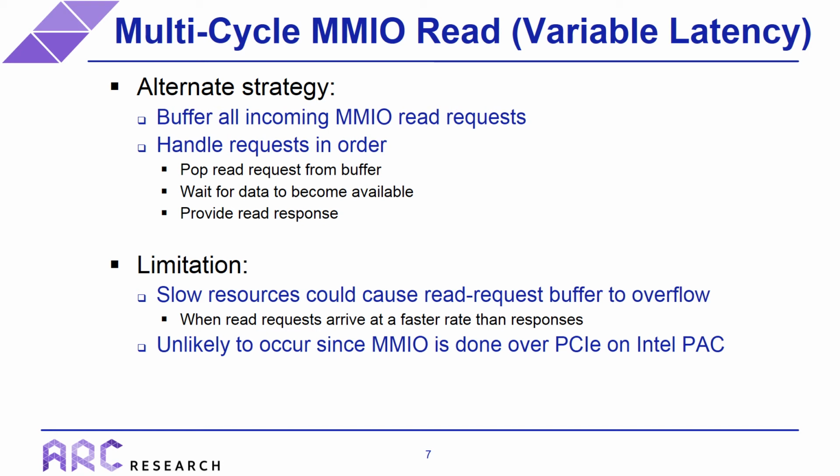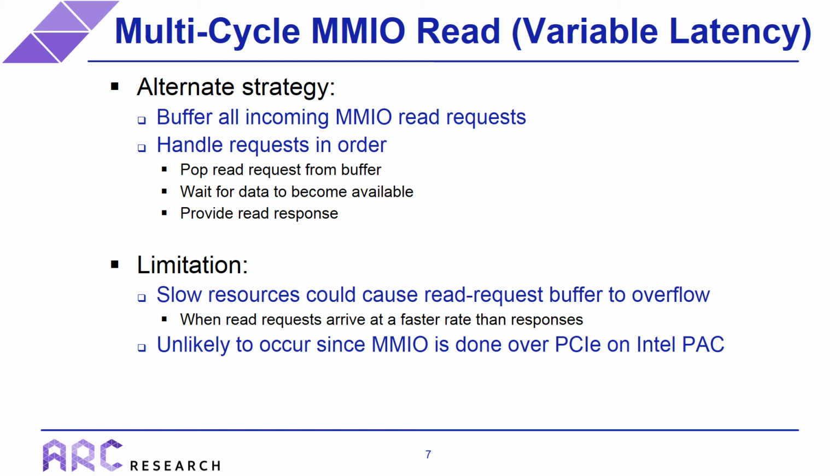We're then going to do all the same decoding logic and steering logic that we did before and simply wait until that data becomes available. If it's a register, it'll be available immediately. If it's a block RAM, it'll be available in 1 or several cycles. Or if it's something else, we wait until it just happens to be ready. Once the data is ready, we provide the same read response like we did before, and then we go back and pop the next read request off the FIFO and so on.